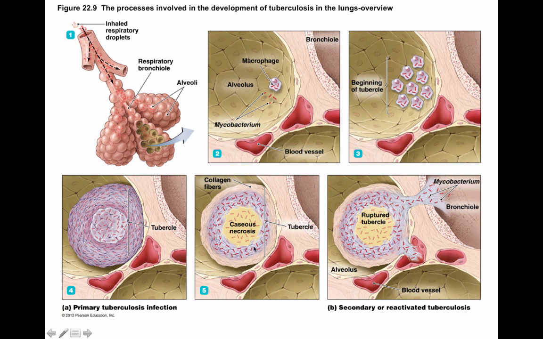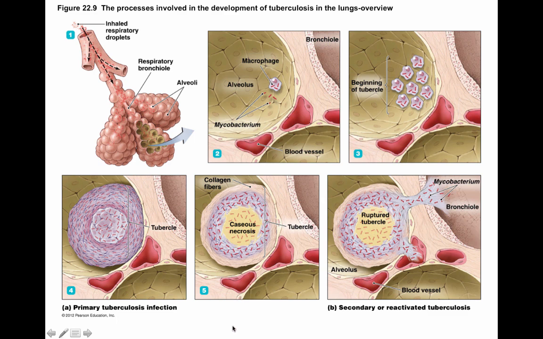Your body tries to wall it off further with protein filaments around. And what happens is you get this little tubercle, this little nodule that forms. The bacteria are growing and dividing inside it, but the immune cells are strong enough, and there's more and more and more coming, that we keep the bacteria contained. So the person doesn't know they're sick. This is primary infection. They've got these little tubercles in their lungs, but they have no idea.